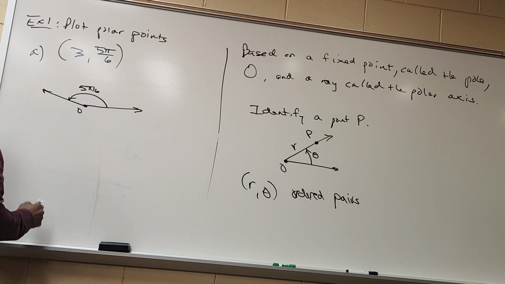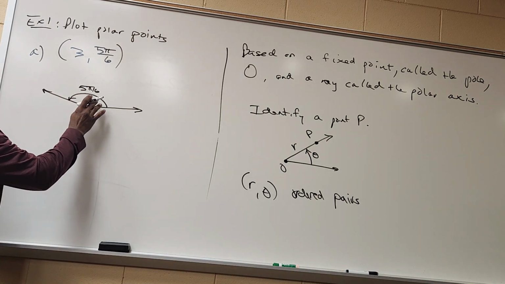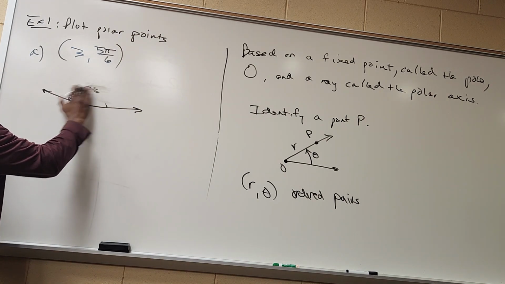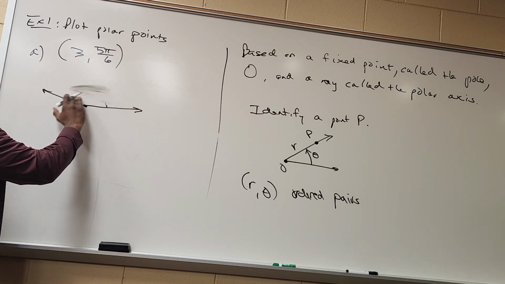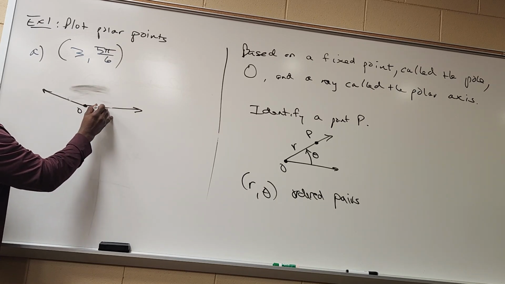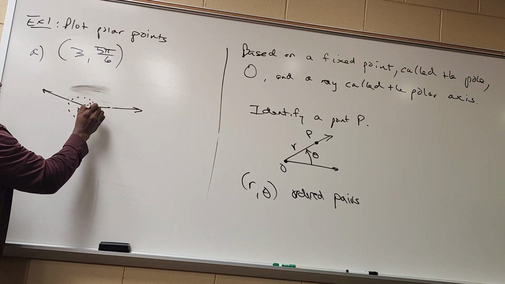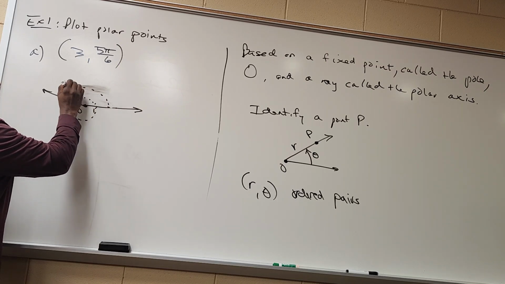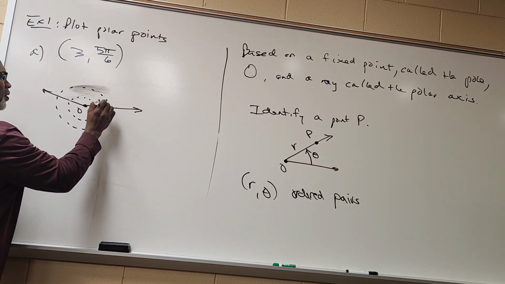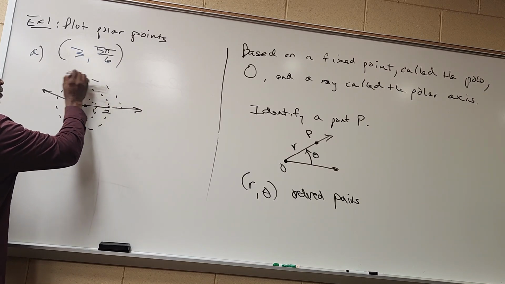Now, you've got to kind of imagine a set of concentric circles. That's a circle of radius 1. That would be a circle of radius 2.